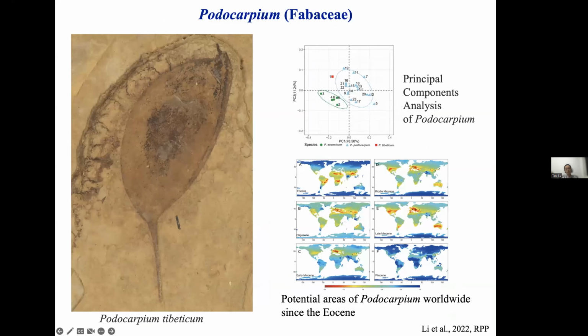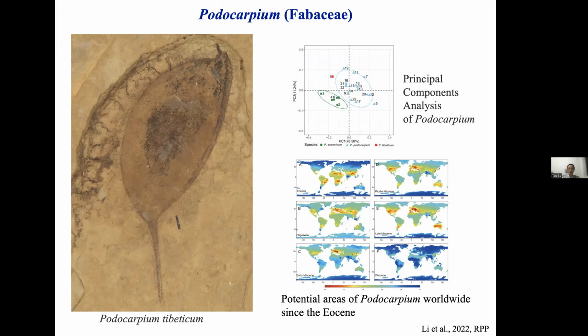In this flora, we found some legume fruits. One is Podocarpium. This taxon has a very rich fossil record in the Northern Hemisphere, and I think many of you are familiar with this group. But we found this in the central part of the Tibetan plateau.